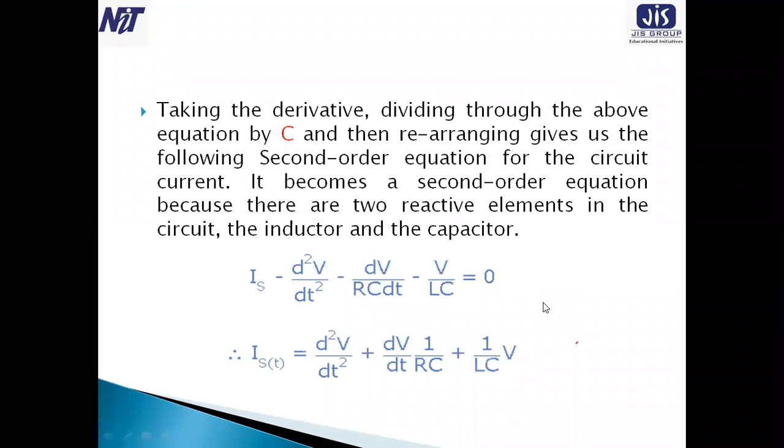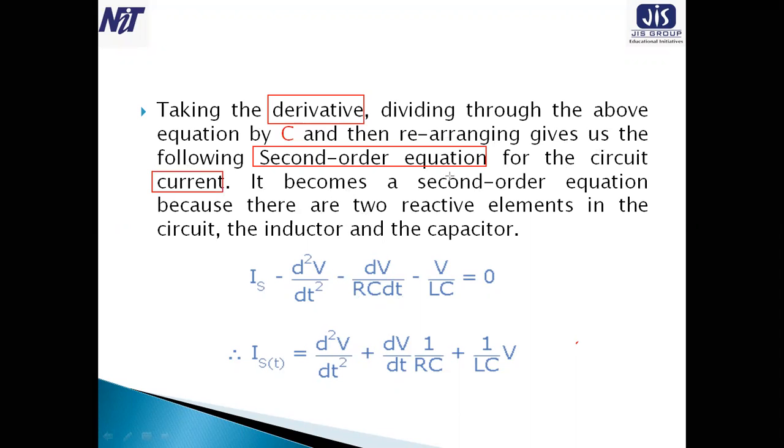Now taking the derivative, dividing through the above equation, the last line equation, by C. So dividing the equation by C and then rearranging gives us the following second order equation for the circuit current.